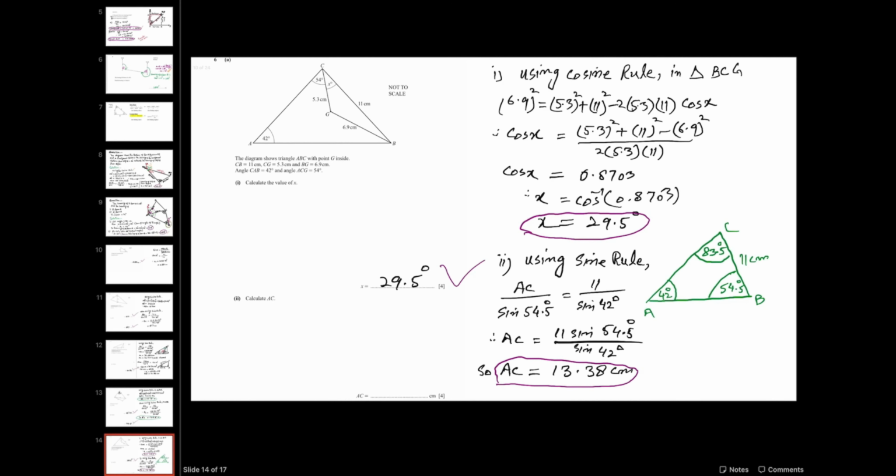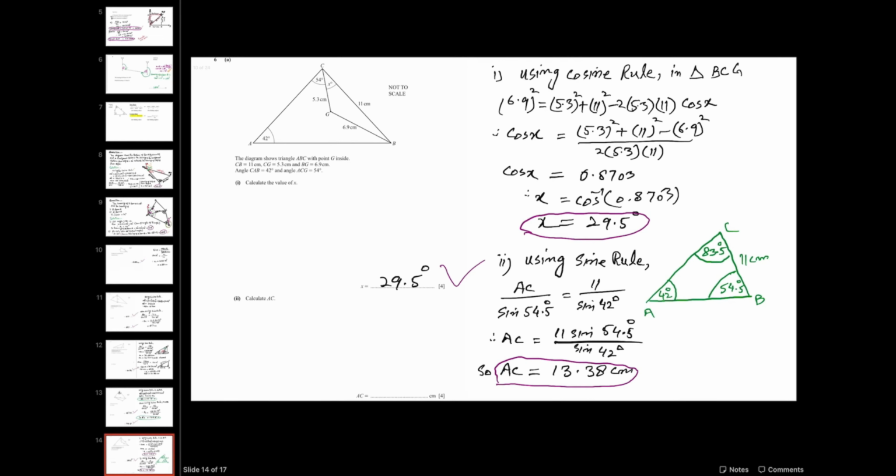Angle CAB is 42 degree and angle ACG is equal to 54 degree. In first part, calculate the value of angle X. So, to solve this part, I am using cosine rule in triangle BCG.